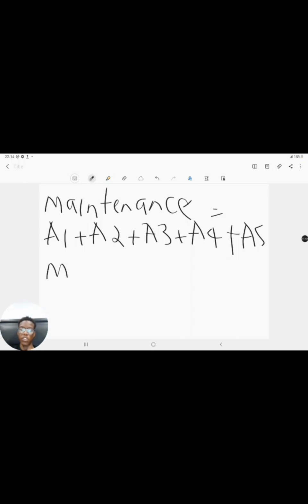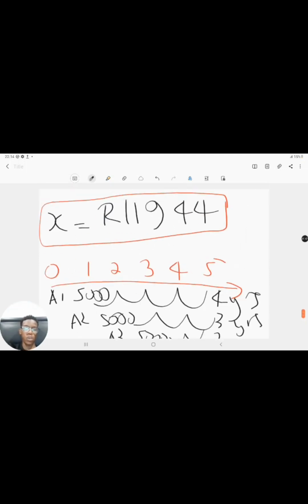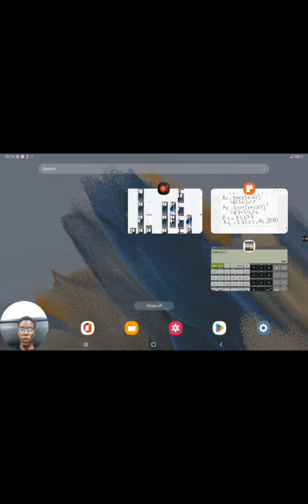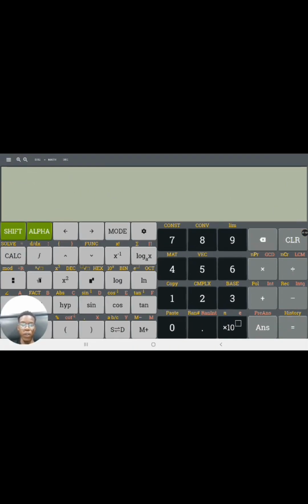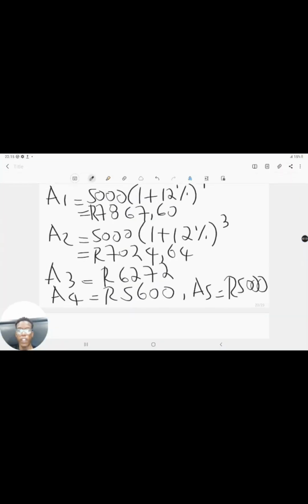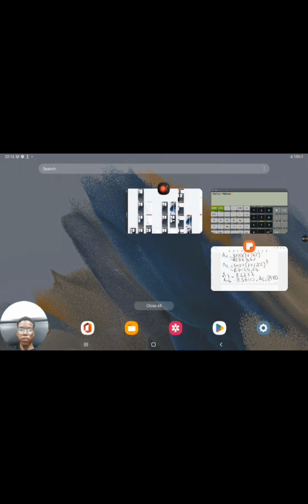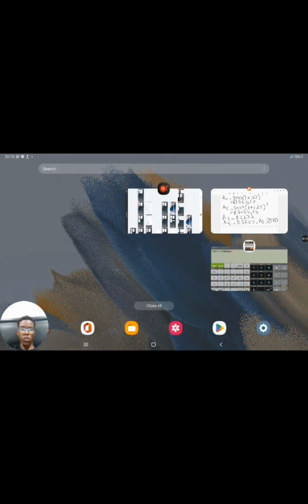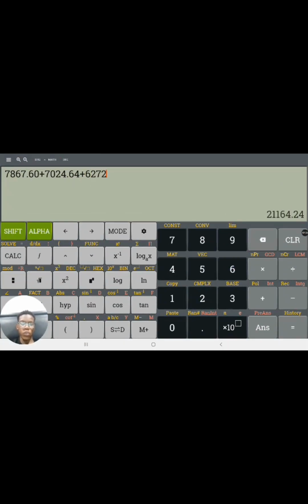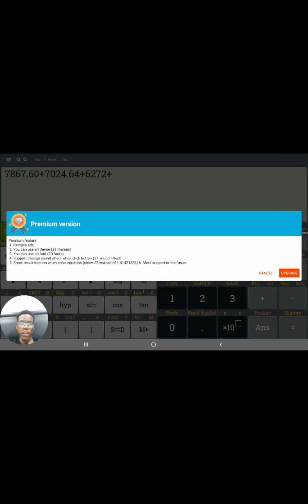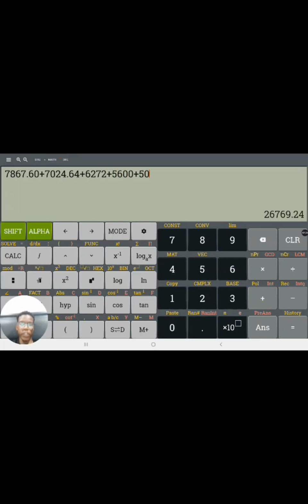Okay, so maintenance, I'm just going to call it M. Maintenance is equal to, just add those values up, 7867,60 plus 7024,64 plus 6272 plus 5600 plus 5000.